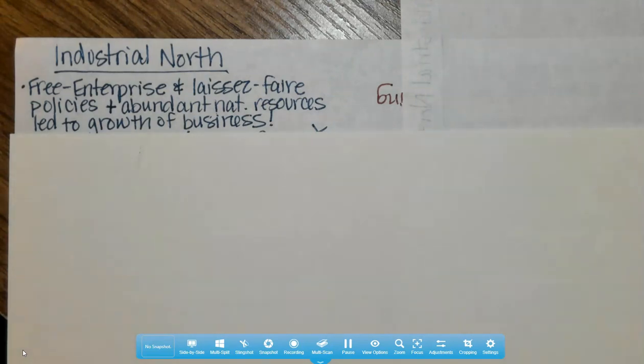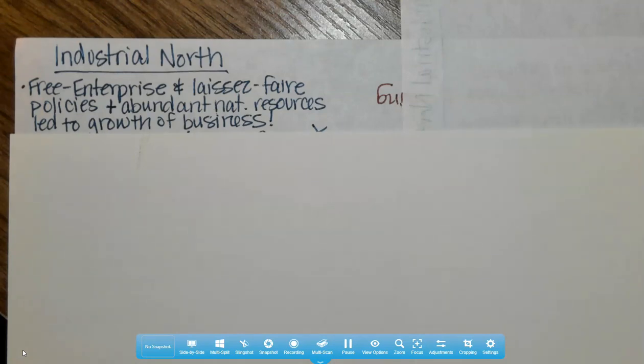The center of how the Northeast was making its money was free enterprise and the laissez-faire policies, okay? So that free enterprise and laissez-faire policies plus an abundance of natural resources, that's going to lead to the growth of business. That's why the Northeast became what it was.